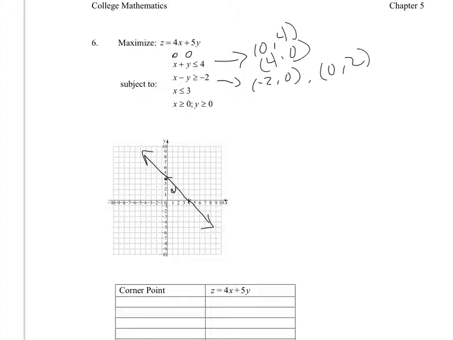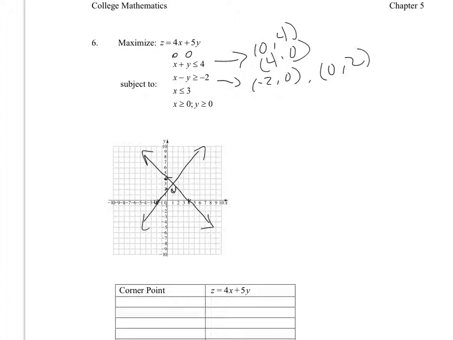So negative 2, 0 is right there. And then 0, positive 2 is right there. So that's what that line will look like graphed.